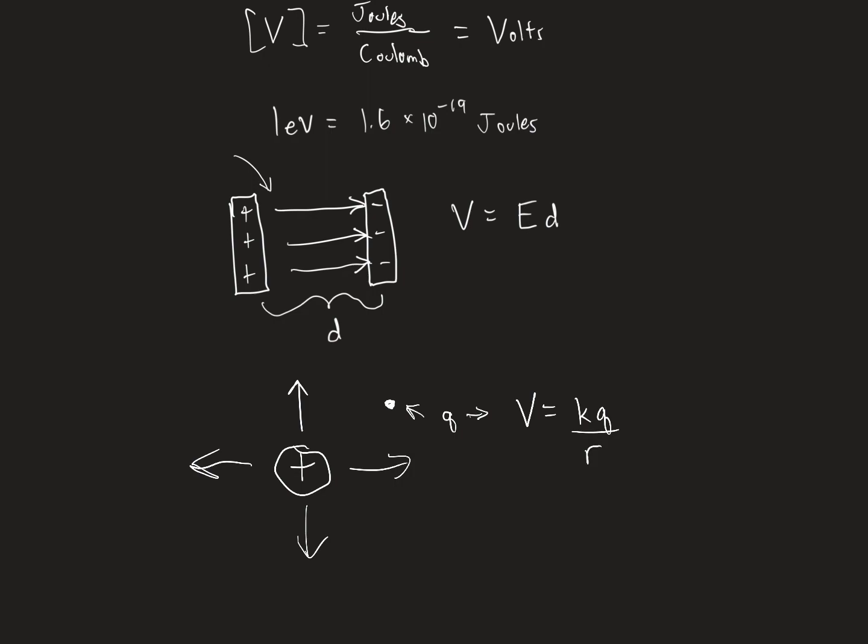Where R is the distance you are from the thing that's making the electric field you're sitting inside of. So if I have a charge that's a distance away from another charge, the electric potential of that charge is k times q divided by r. Okay? And what are the units of that going to be? What are the units of this V going to be?